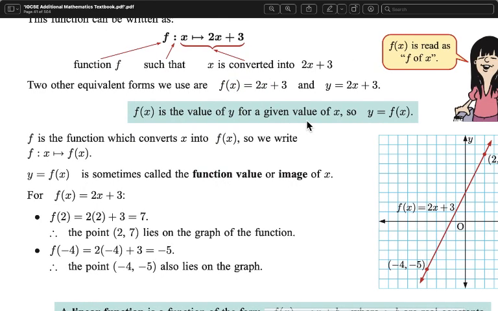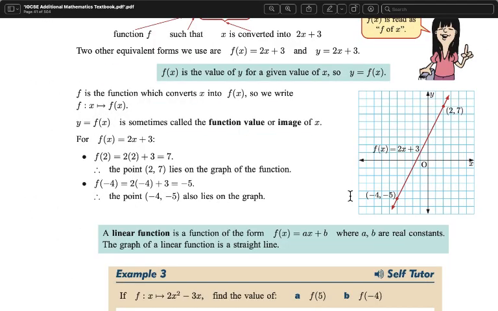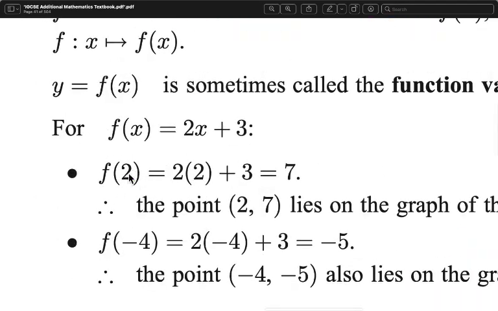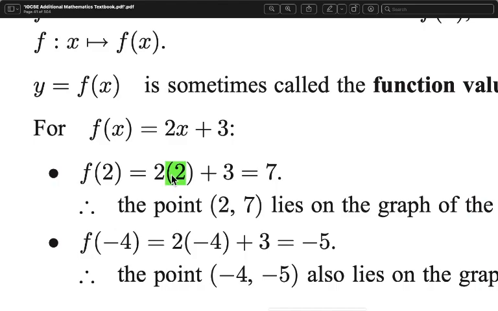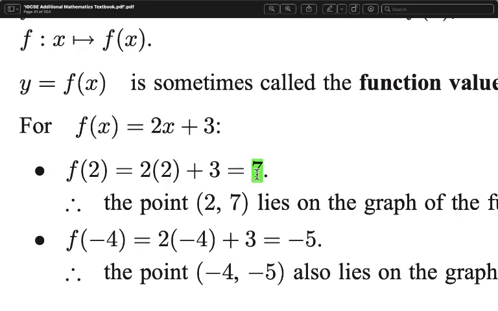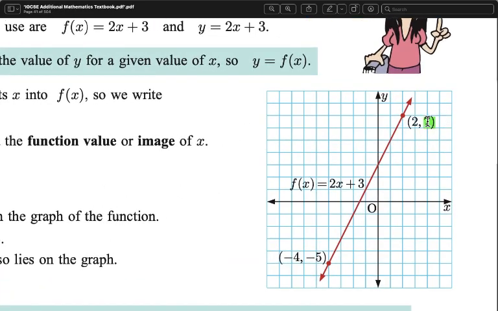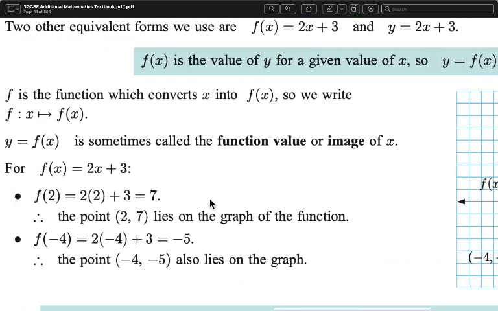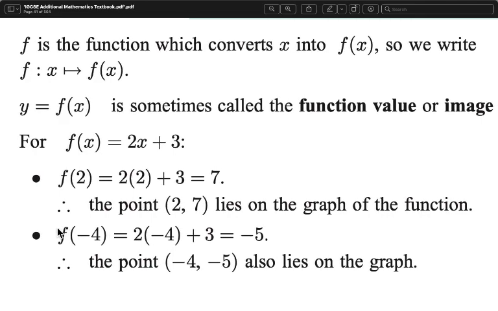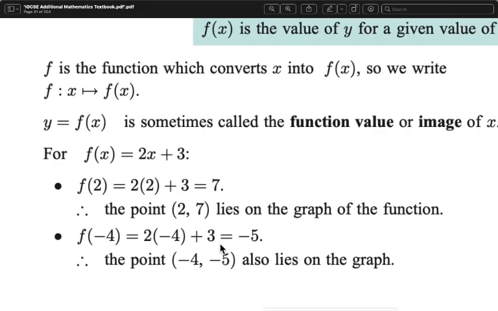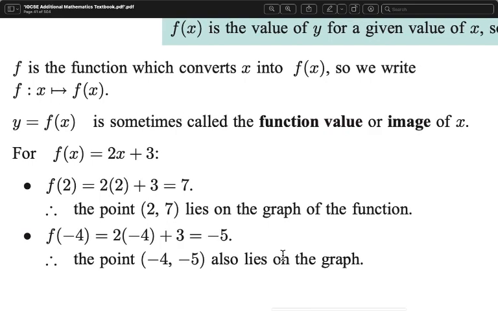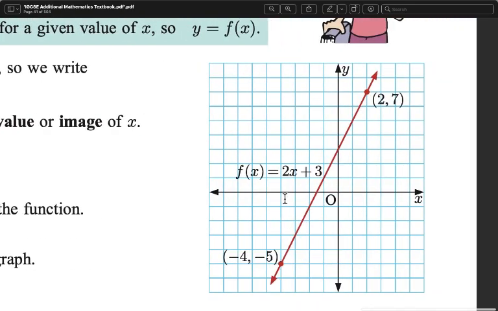So when x equals 2, you input 2 in the equation: 2 times 2 plus 3 equals 7, and the point here is (2, 7). When x is minus 4, 2 times minus 4 is minus 8, minus 8 plus 3 is minus 5, so when x equals minus 4, y equals minus 5.